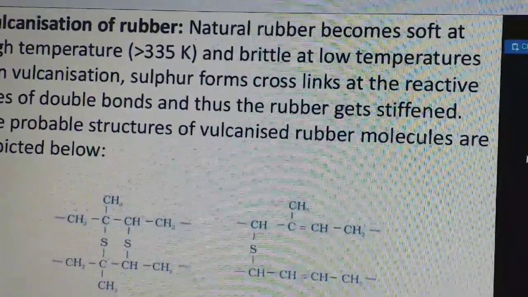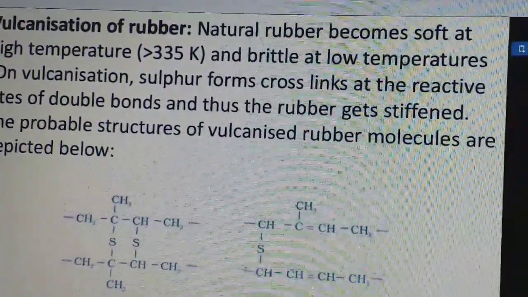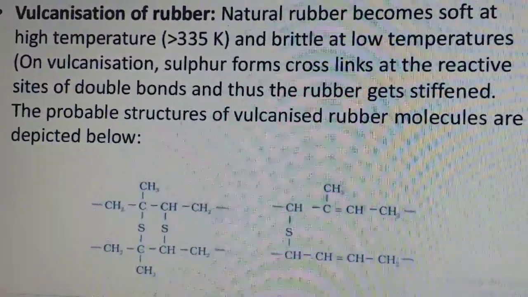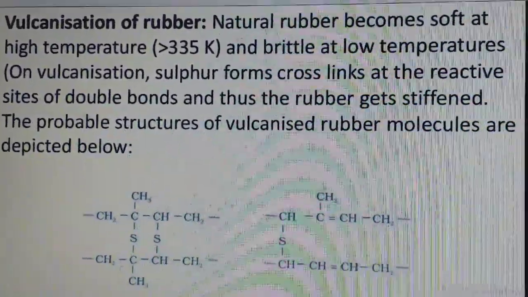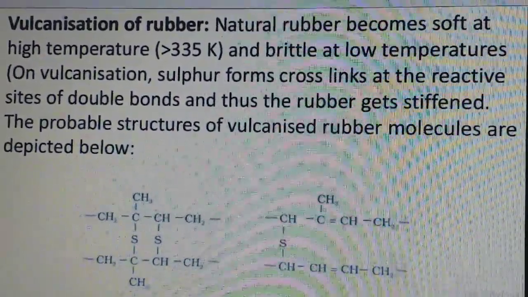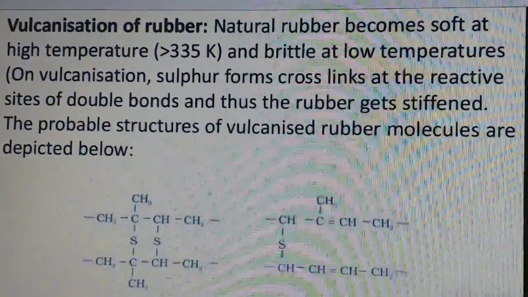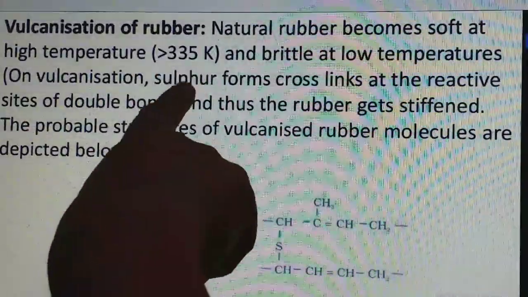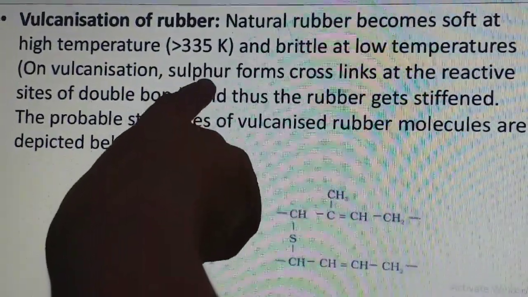So natural rubber, if you take it, is very soft and brittle at low temperature and it melts at high temperature, that is during summer, and it is also soluble in non-polar solvent. It is easily attacked by the oxidizing agents. So to remove these bad qualities, the natural rubber should be heated with sulfur.